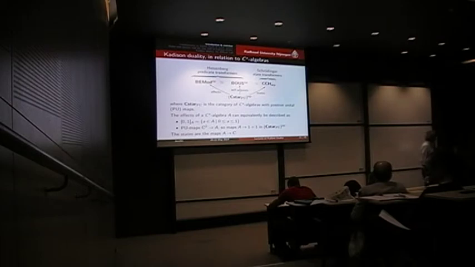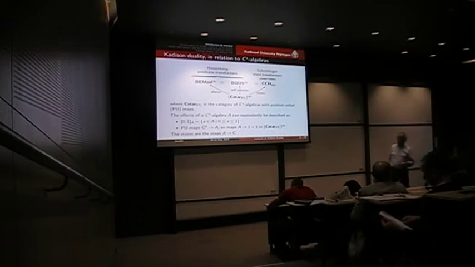I guess, however, a subtle point, if you work in a category of C-star algebras with subunital maps, so f of 1 should be below 1, then effects can be identified with maps from A to complex numbers, from A to 1. But I don't know if that's what you're doing, but at least there are different perspectives on all this, depending very much on what kind of maps you use in the category of C-star algebras.